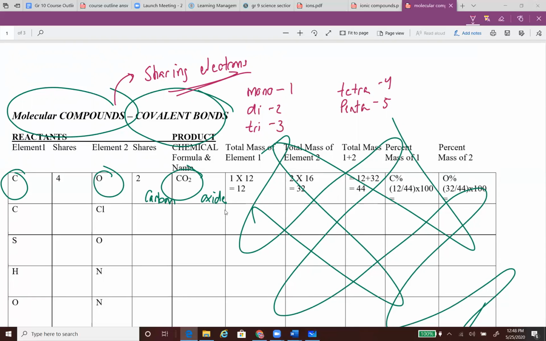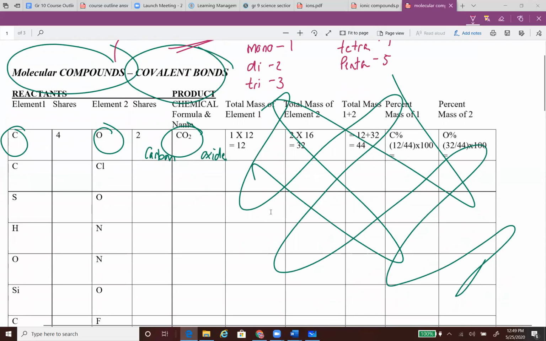Here, they share electrons. You're not going to learn how to determine whether they share until grade 11. There's a way to figure that out, but we're not going to do that in grade 9. I just want you to know how to name them and how to look at some simple formulas.